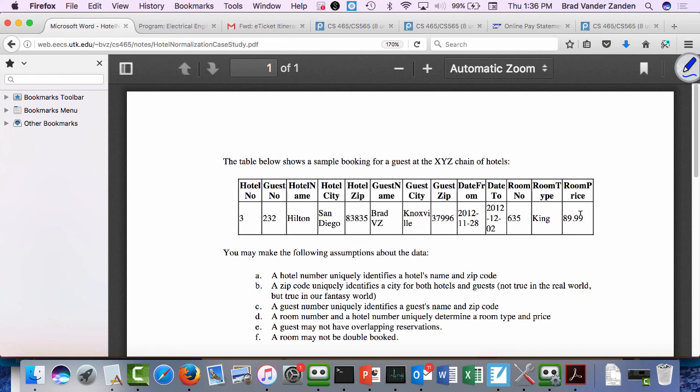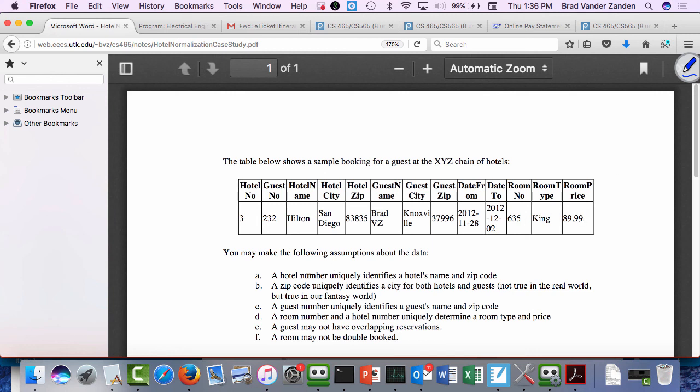So from that, remember, what is our normalization process? Well, it is create the universal relation. We just did that. We're given our assumptions about the data. So if we want to normalize these, we have to come up with a set of functional dependencies, which we can do based on the assumptions we make about the data.